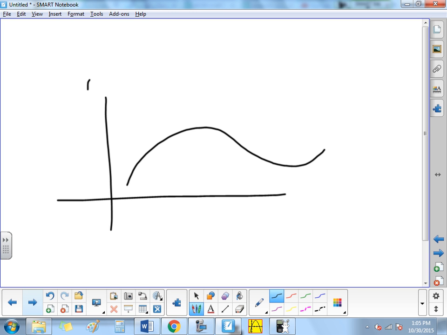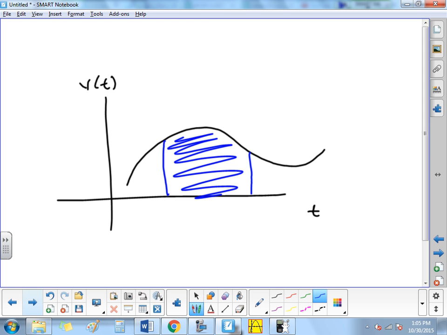Okay, and if that happens to us, we still believe that this is an important quantity, and we still believe it's distance, but we can't find it now because it's too complicated to find the area under here? Well, listen, if this represents distance still, we have to learn how to find areas like those. It's too important not to learn.